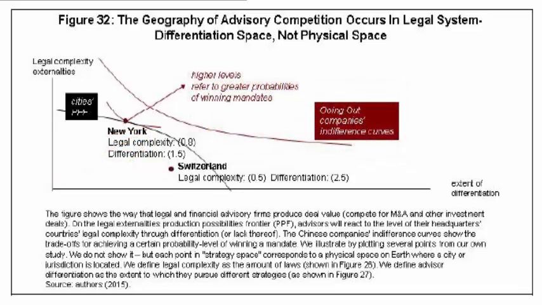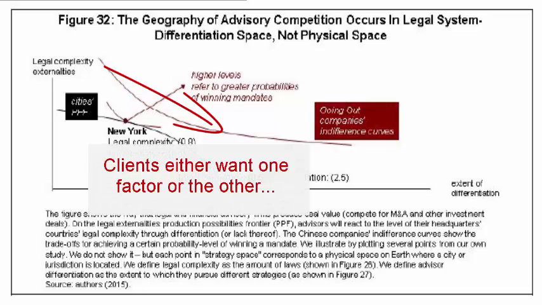Larger advisors might heap up large amounts of differentiation, large amounts of the use of complicated financial law, whereas smaller advisors might be located inside this production possibilities frontier without this type of heaping. And similarly, some types of Chinese companies might require very extensive heaping.